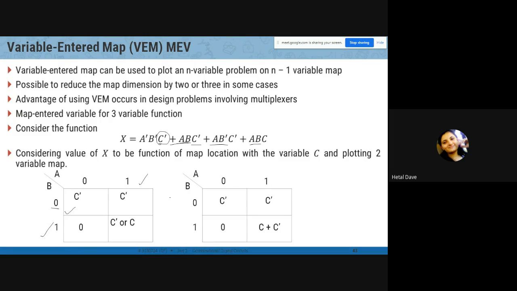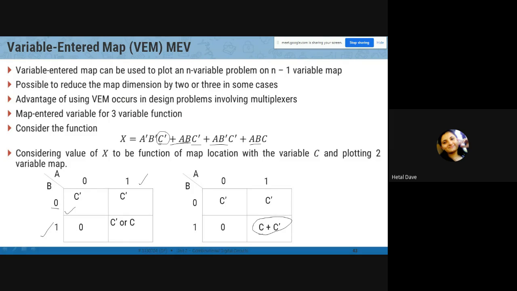Yes, right now it says SOP. For POS, this equation will not be given. Variable entered map will always be given in SOP. If you have asked the question, I want to clarify: right now they are not asking about SOP or POS.